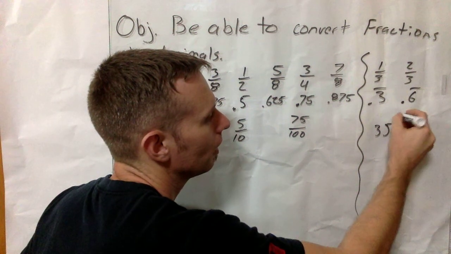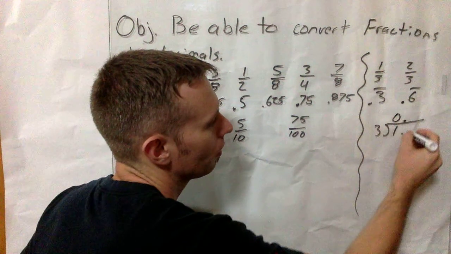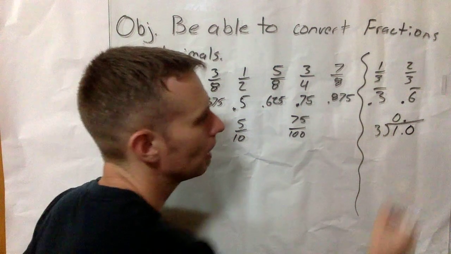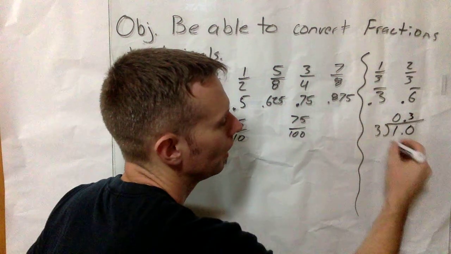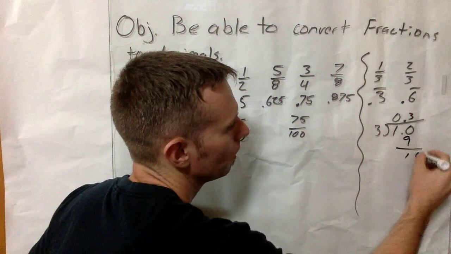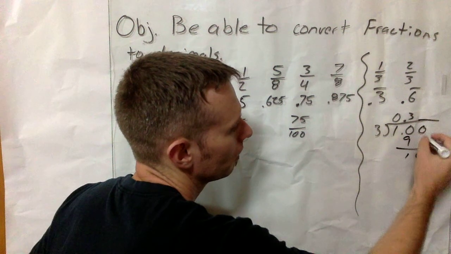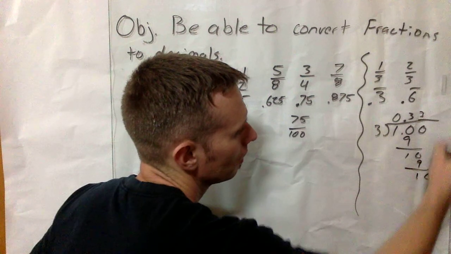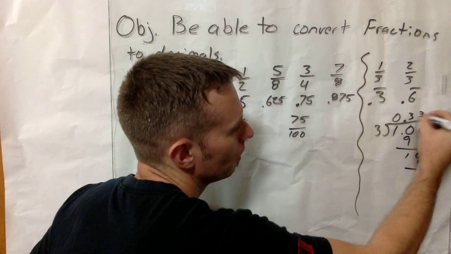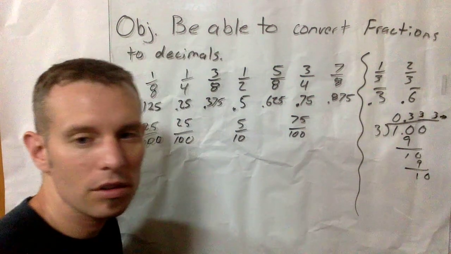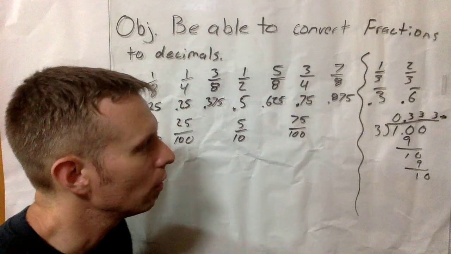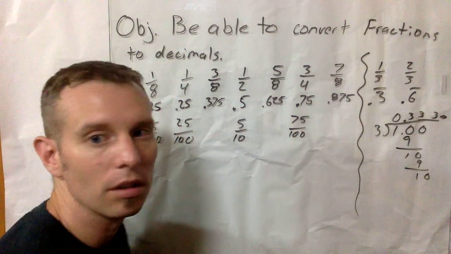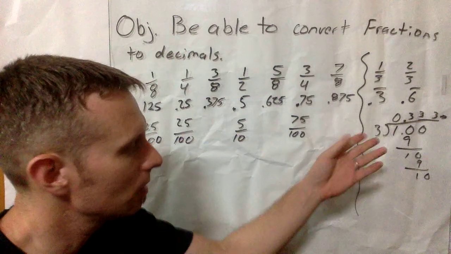Here goes a 0, and then 3 goes into 10, 3 times, 9, bring down the 1. Keep going, 3 times 3 is 9, and so on, and it will continue forever. So that's how we get 0.3 repeating.